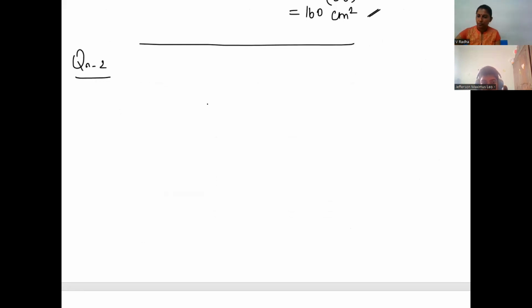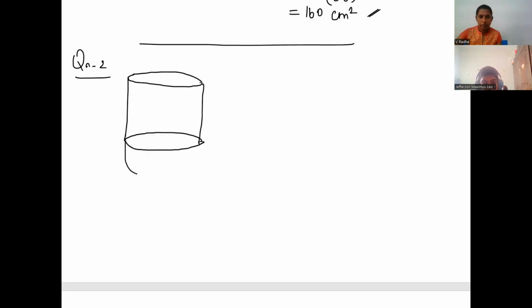Question 2. It is a hemisphere and a cylinder: the hemisphere mounted by the cylinder. The cylinder is on top, and the hemisphere is in the bottom. The figure is like this. Now, what is given? The diameter of the hemisphere is 14.